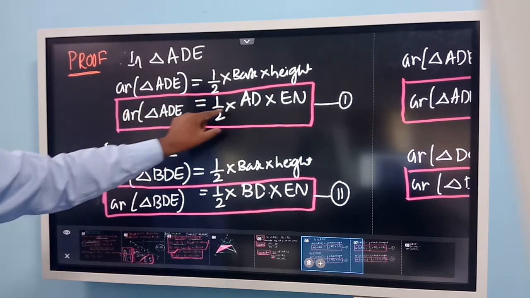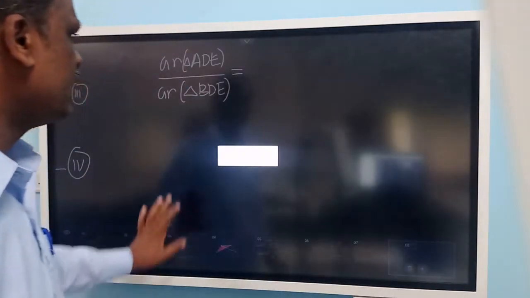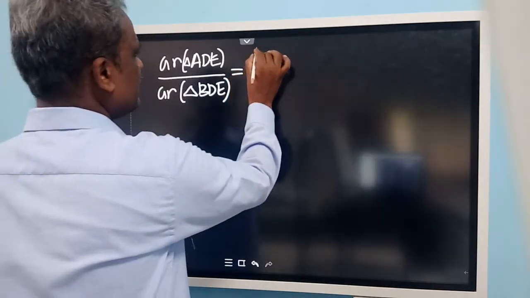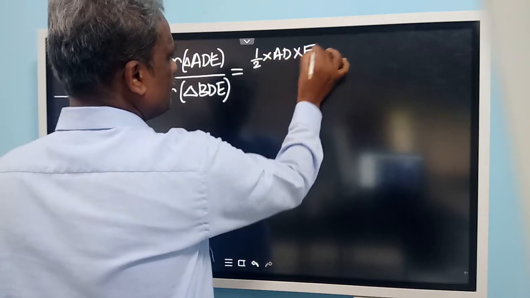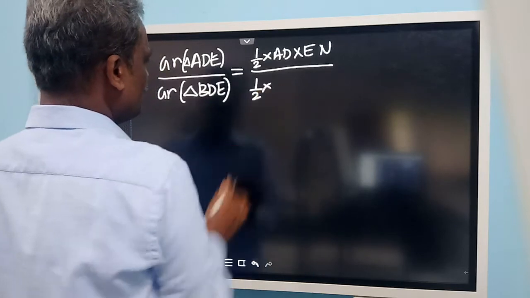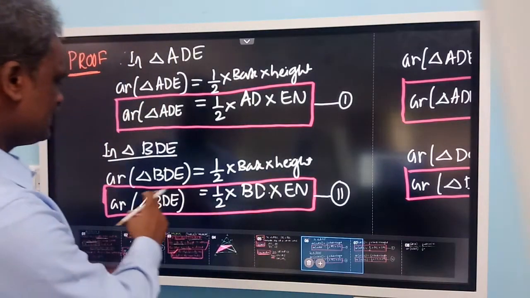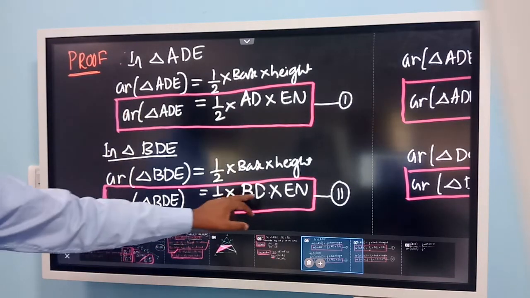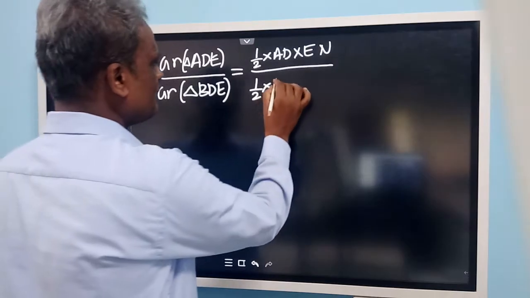In place of area of ADE I can write half into AD into EN. And what is the area of BDE? Half into BD into EN. So I will write here half into BD into EN.